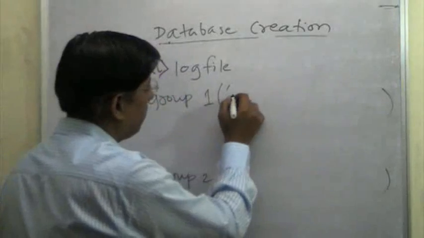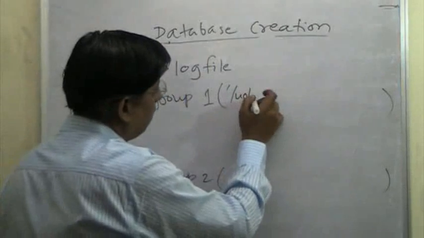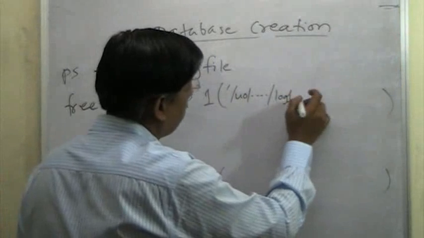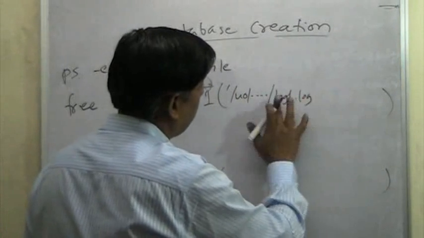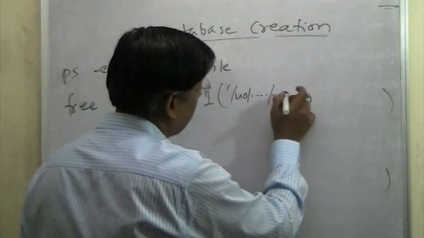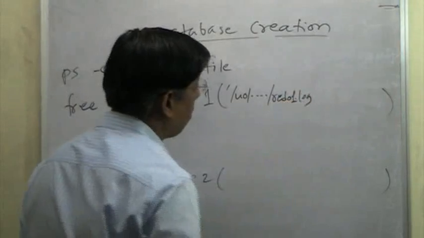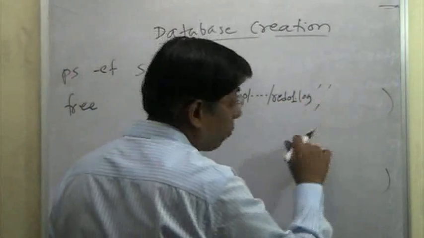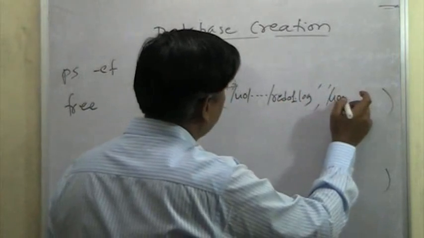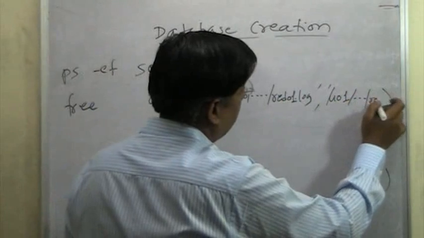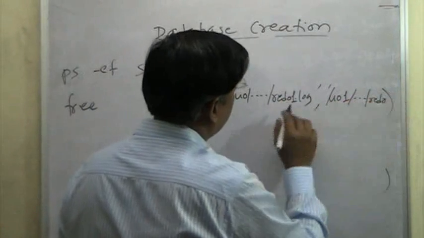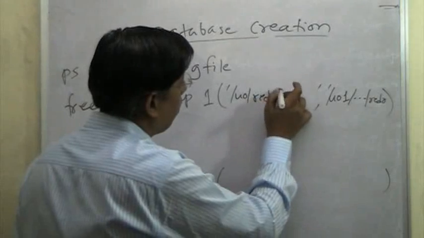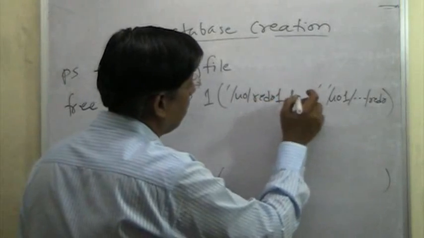So the first name is U01, and let us say redo 1.log, you can give any name. Then comma. If you want to have another member, you give U01 redo, I need to give a better name here, I would say redo1_1.log.